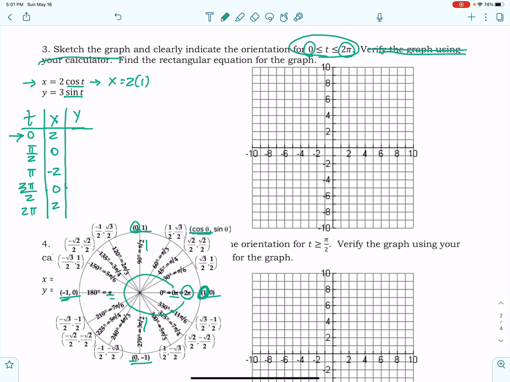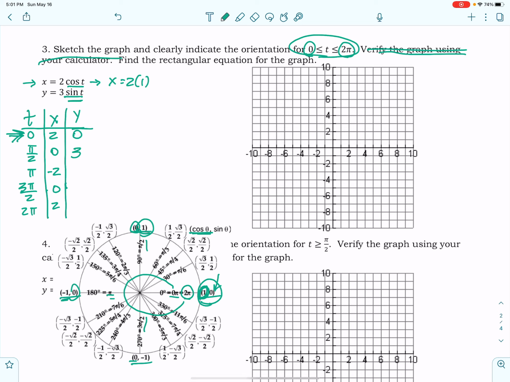We're going to go around the unit circle again and find our sine values. So y is equal to 3 times the sine of t. At 0, our sine value is 0, so 3 times 0 is 0. At pi over 2, the y value is 1, so this would be 3 times 1, which is 3.